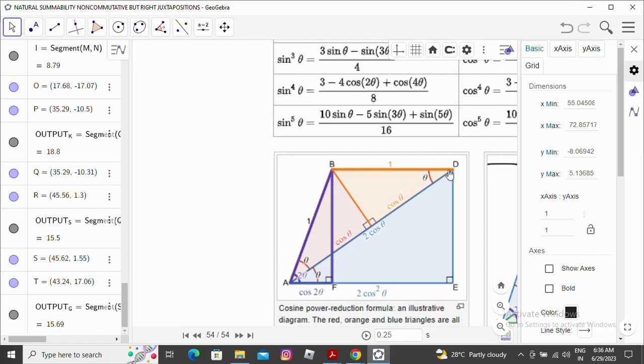And since we don't need to force the movement of one to make the line segment collinear, these are naturally summable.